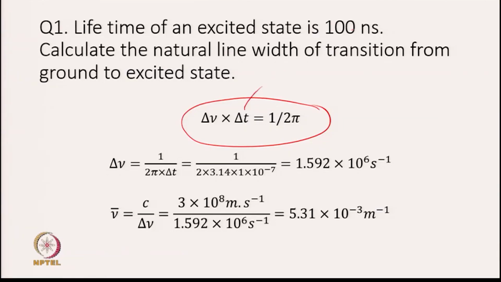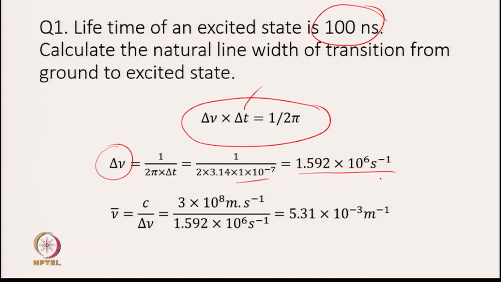Here the lifetime is given, that is 100 nanosecond, and so it is quite easy to calculate the uncertainty in frequency value, and that is going to be 1 by 2 pi into delta t. Delta t is 100 nanosecond, so 1 into 10 to the power minus 7 second, and so you will get this much delta nu.